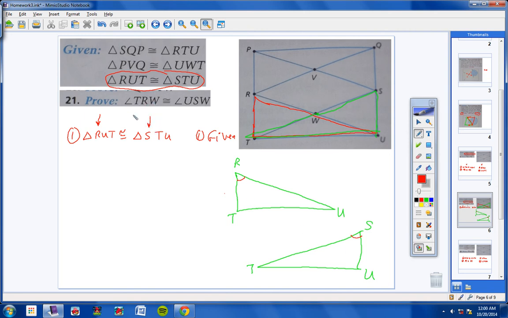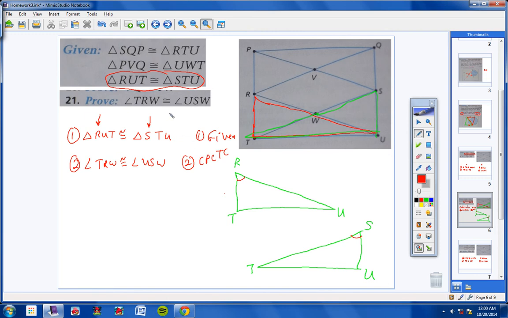TRW is angle R, and angle USW is really angle S. So I can state now that angle TRW is congruent to angle USW by CPCTC.